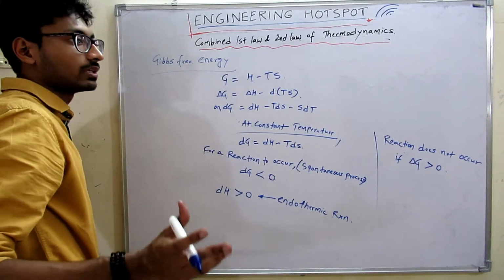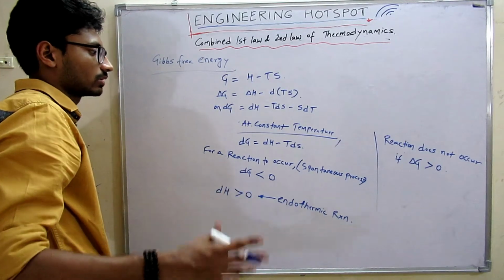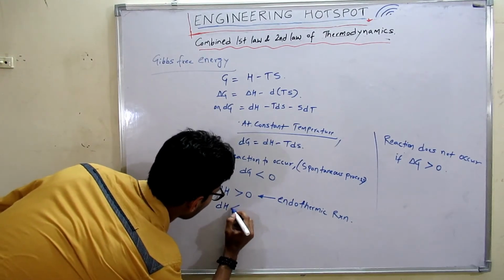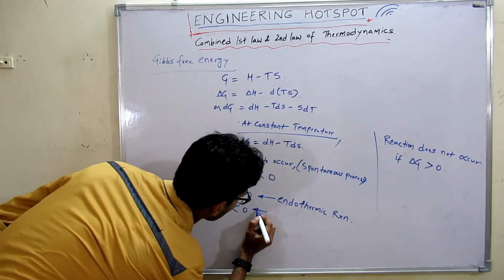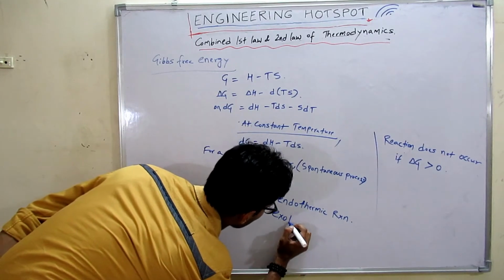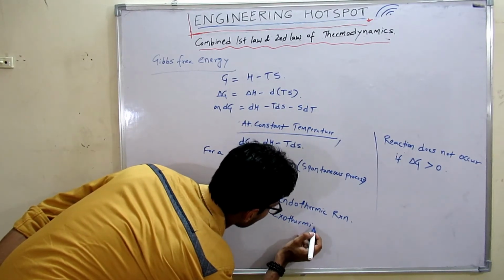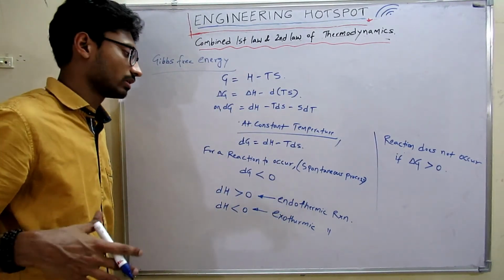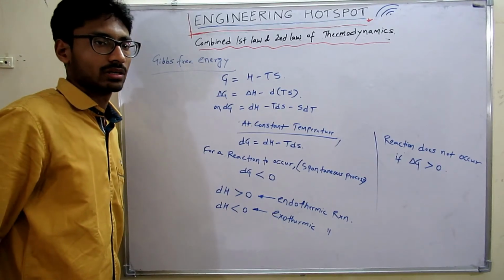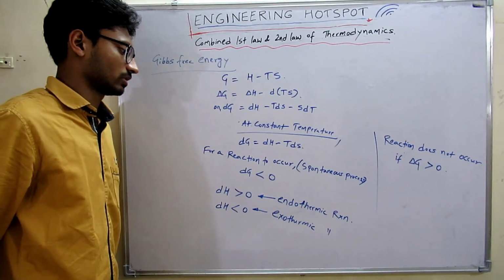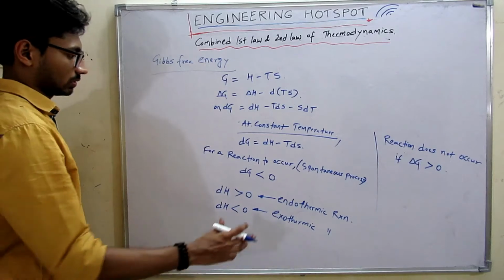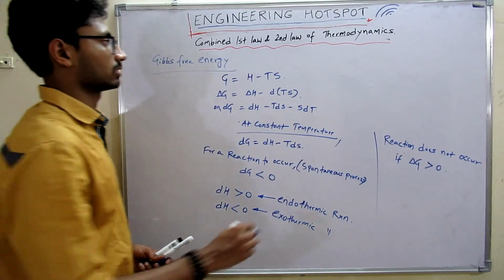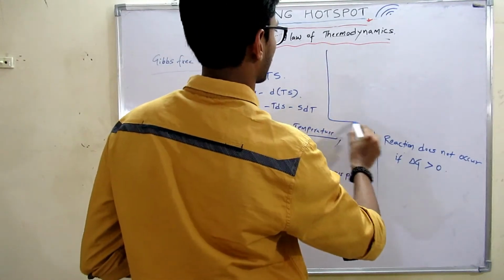Endothermic reaction means it will require heat for the reaction to occur. And if delta H is less than 0, it's an exothermic reaction, meaning the reaction will release heat spontaneously. So delta H is less than 0 for exothermic reaction. These are some of the concepts for Gibbs free energy.